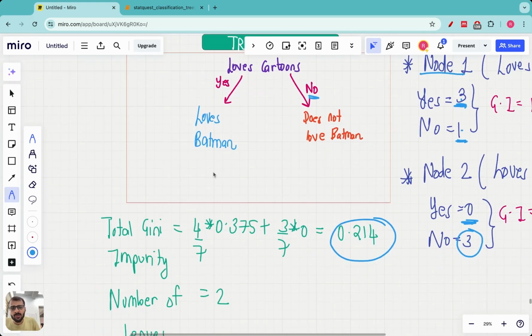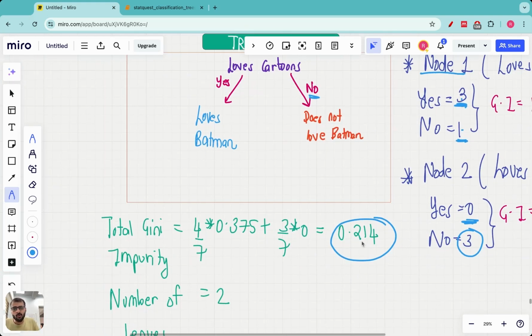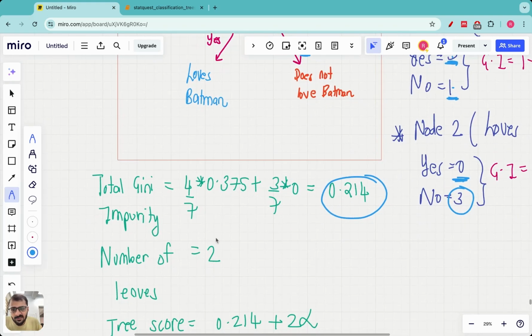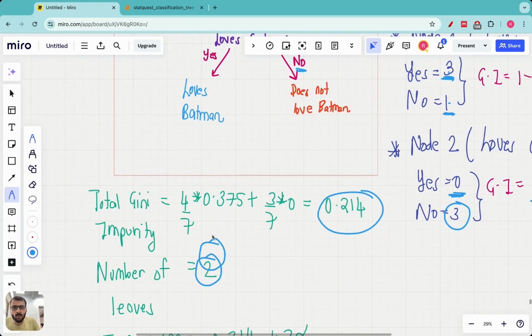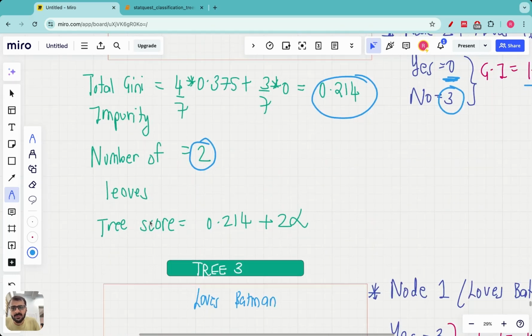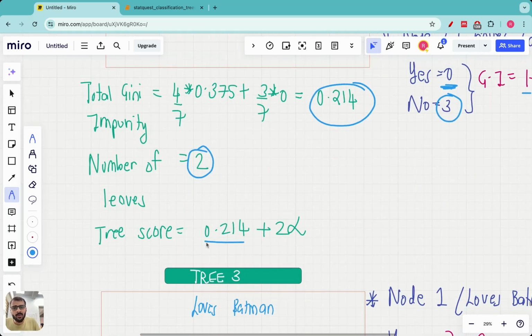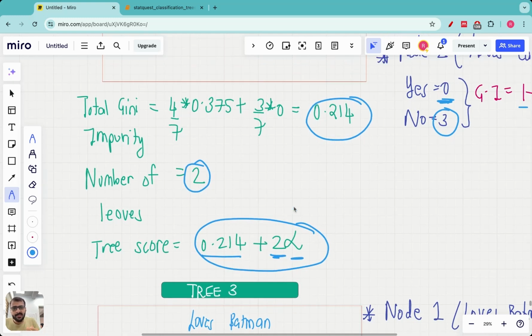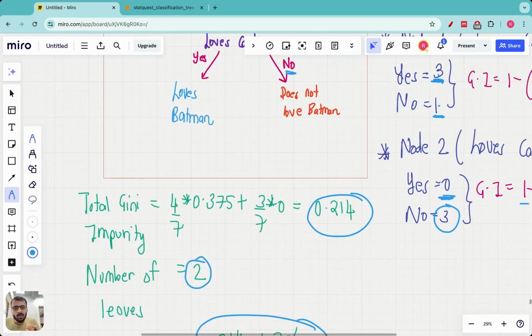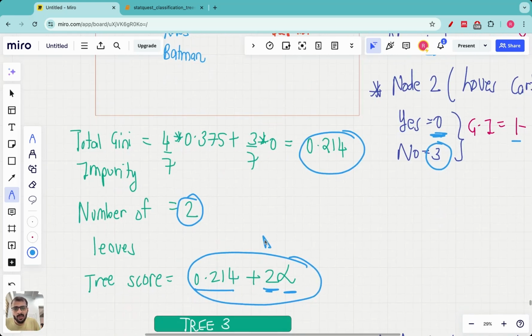So for tree 2, the total Gini impurity is 0.214 and the number of leaves in tree number 2 is equal to 2. So the tree score is equal to the total Gini impurity plus number of leaves into alpha, which is 0.214 plus 2 alpha. So the tree score for tree number 2 is equal to 0.214 plus 2 alpha.